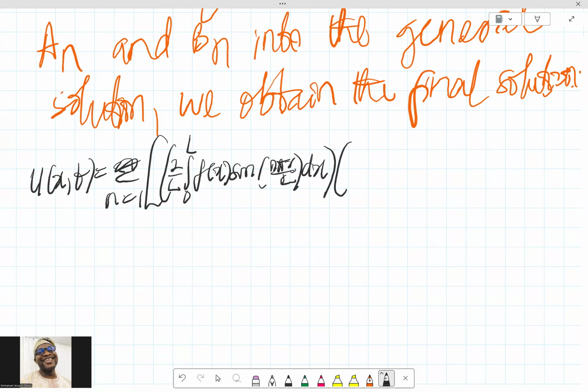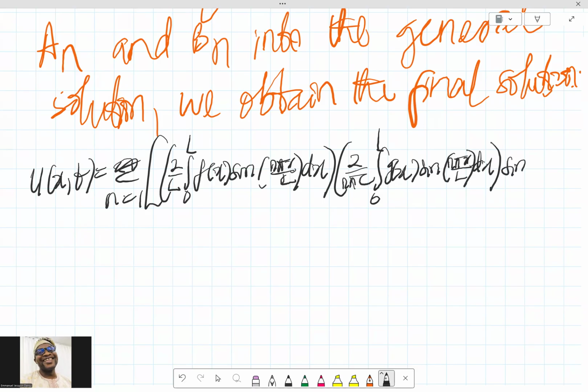This goes, and then we have 2 over n pi c integral from 0 to L g of x sine n pi x all over L dx.